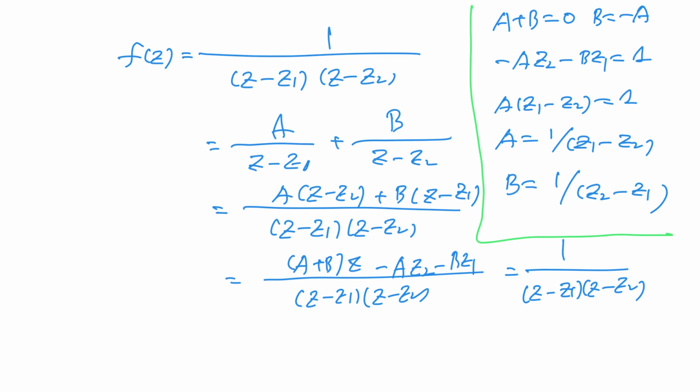So you can use the formula, or in case of a pole of order 1, you can use expansion by partial fraction. Sometimes we use a notation called the simple pole, same as pole of order 1.